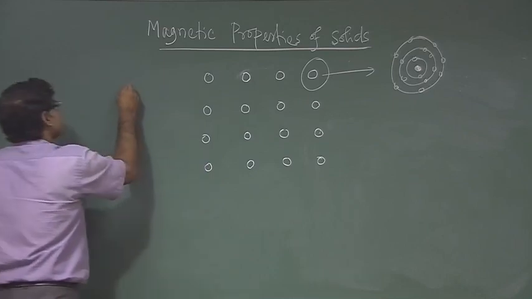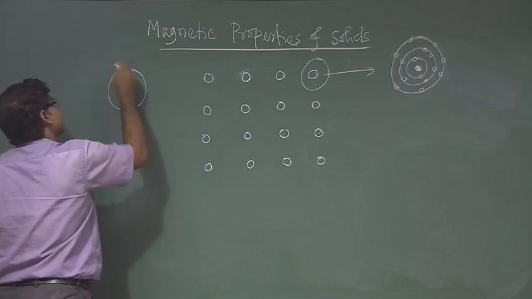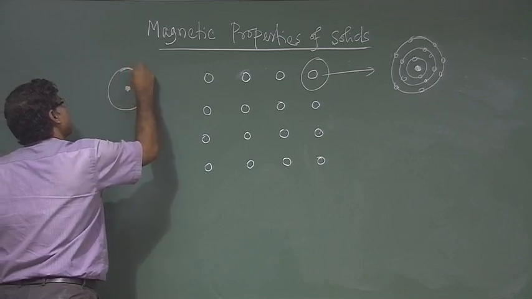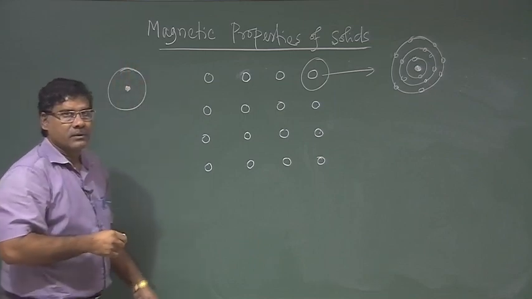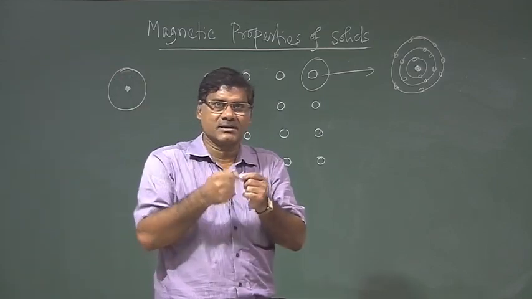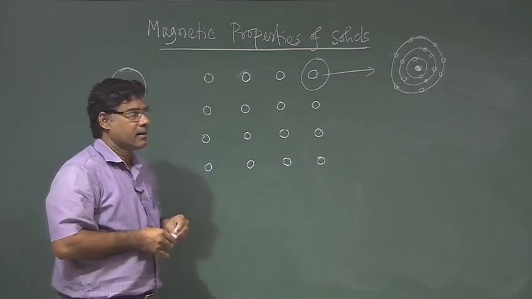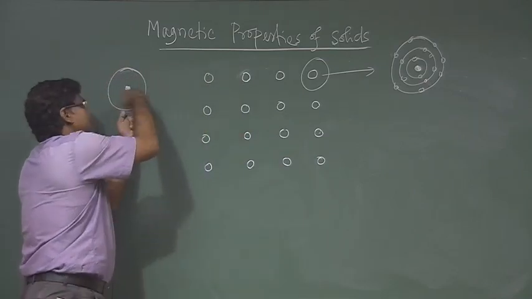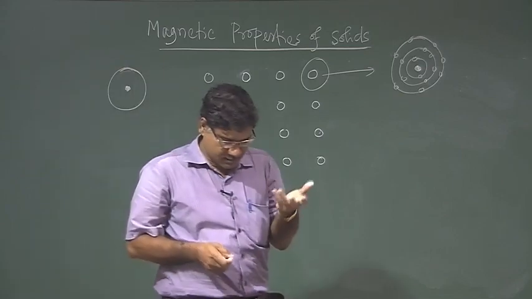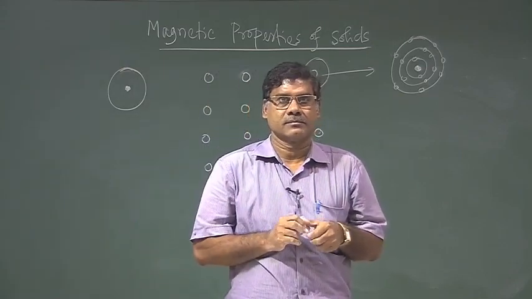As you know, the electron has negative charge and it is rotating in a closed path, so it will give current, and current in a closed path will give you a magnetic moment, right.